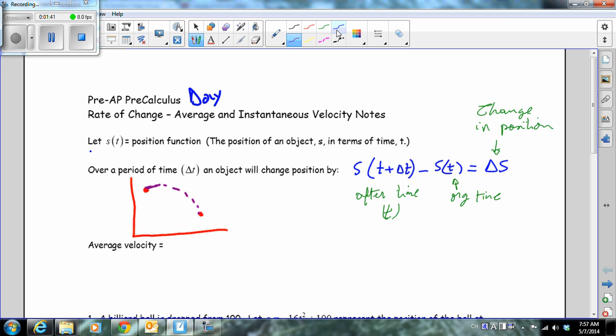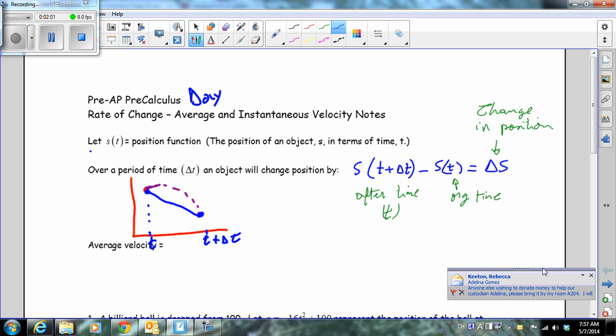Now, what exactly is delta? It moves from this point to this point. So if the original time, which is this one, is t, it means that this one is t plus delta t. Delta t being the distance in between these two.